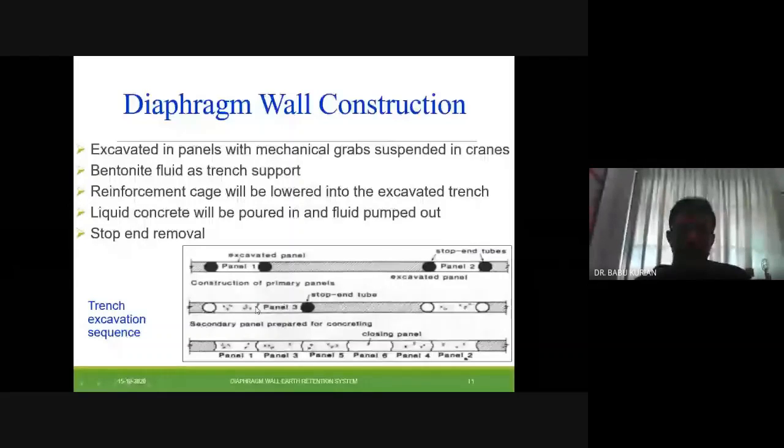Then while constructing the third panel, this stop end can be removed. Similarly, after the completion of one panel, we can remove the stop end. This is the trench process used for construction of the diaphragm wall.